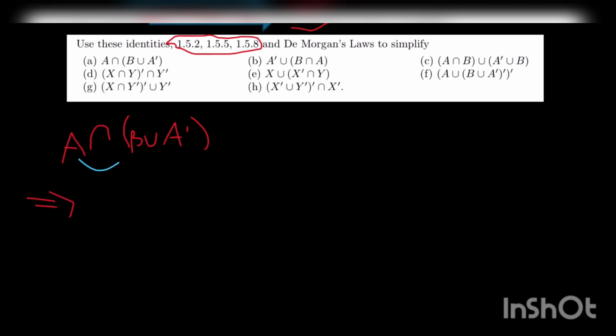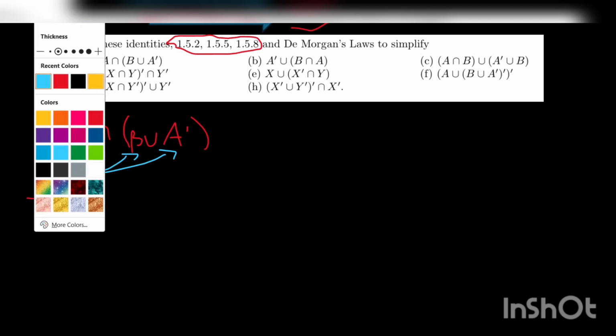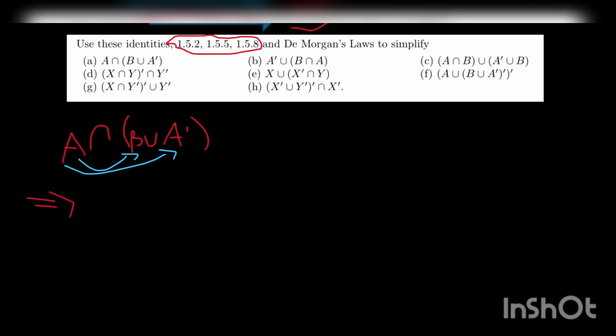This A is going to be multiplied by B, and A is going to be multiplied by not A. But the moment we do that, guys, I want to show you something.